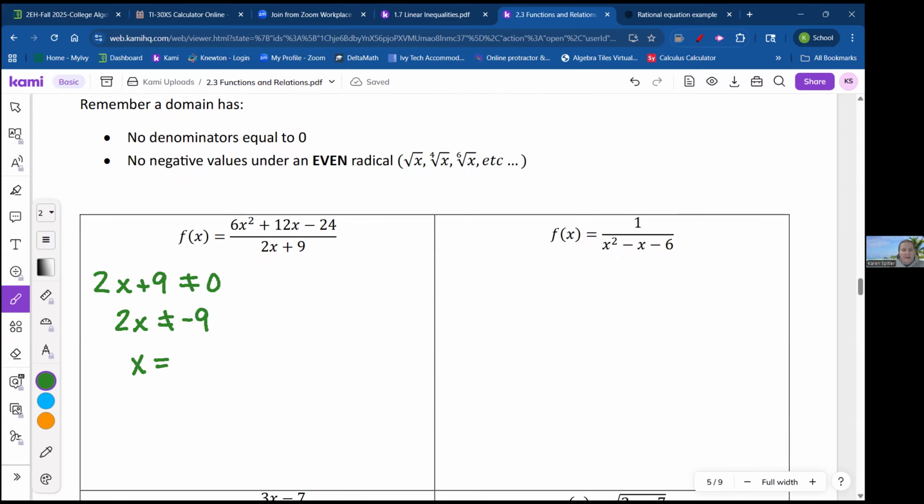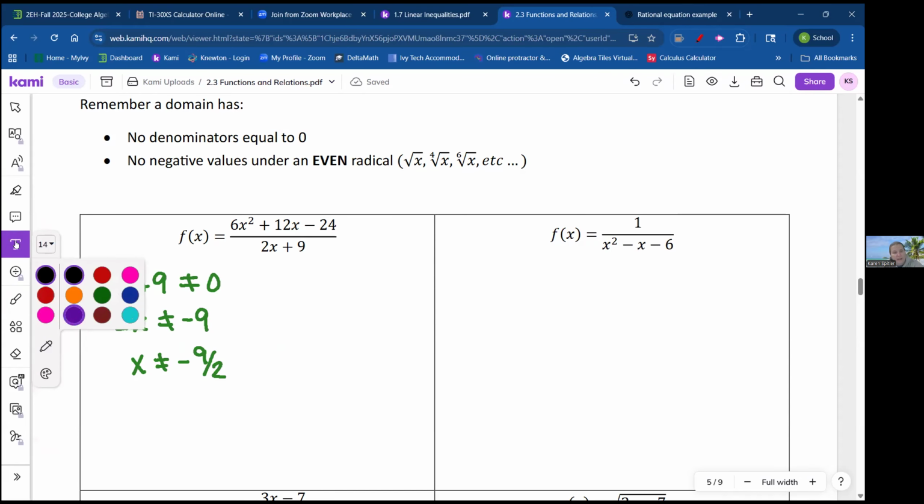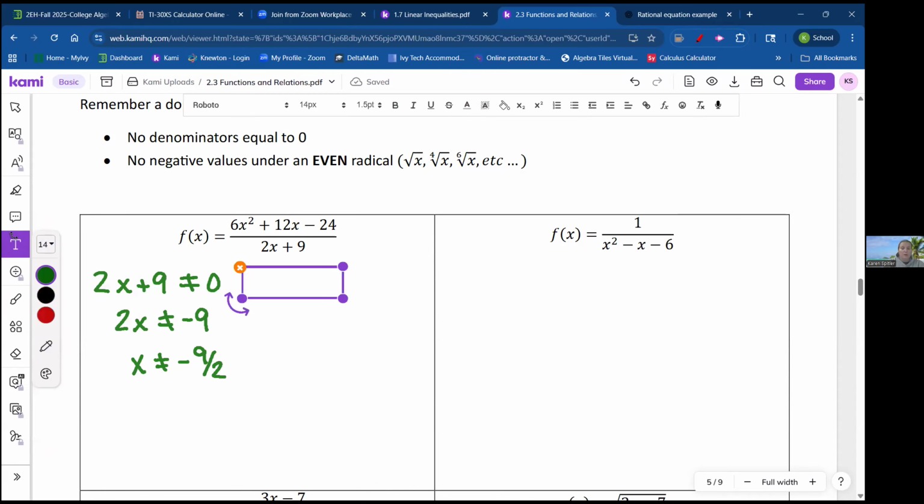And x cannot equal negative 9 over 2. Okay? So essentially, my domain is all real numbers except negative 9 over 2.